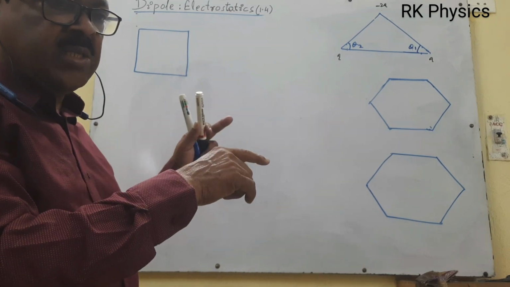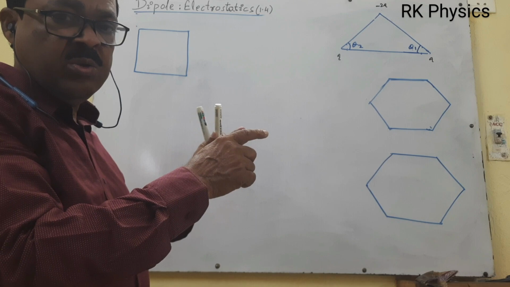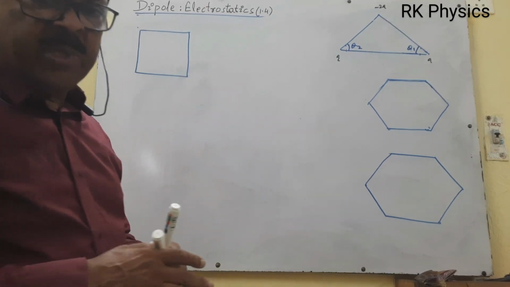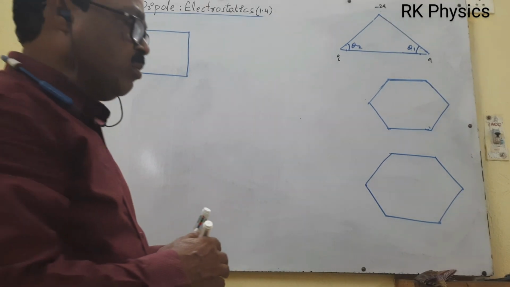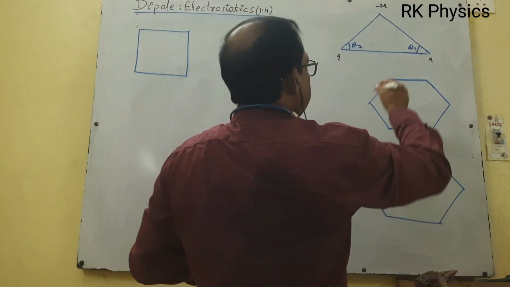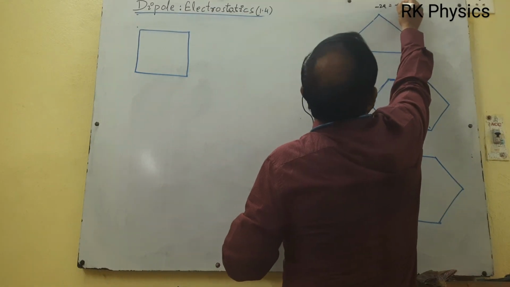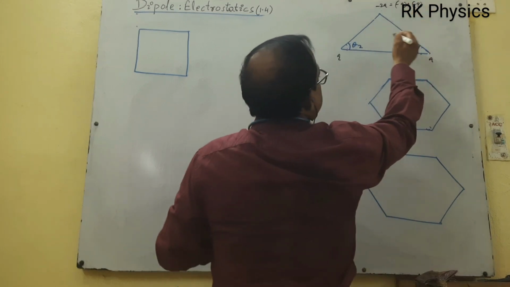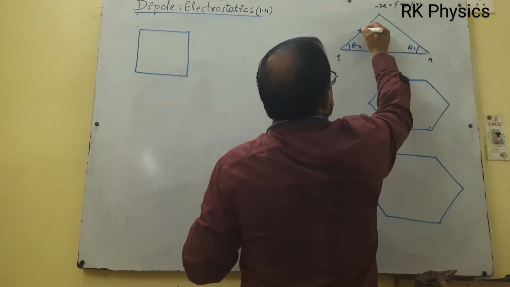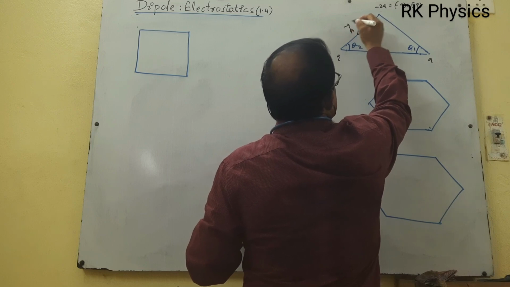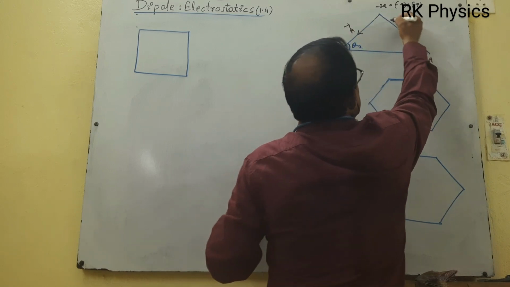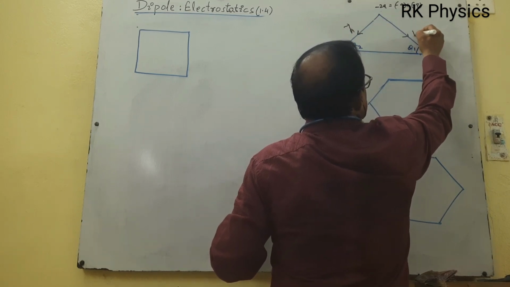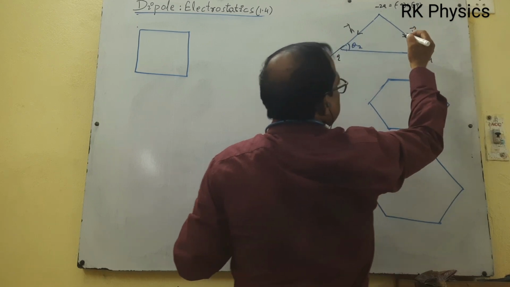If there is, then you use the formula immediately without any other method. You imagine the minus 2q as a sum of minus q and minus q. You take one minus q and plus q, the dipole moment is along this direction. Another minus q and plus q, the dipole moment is in another direction.